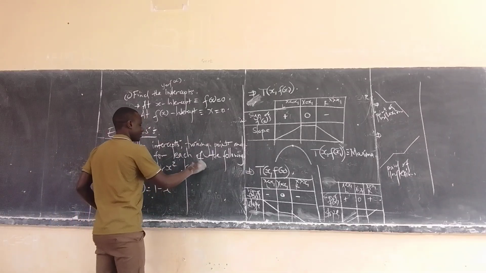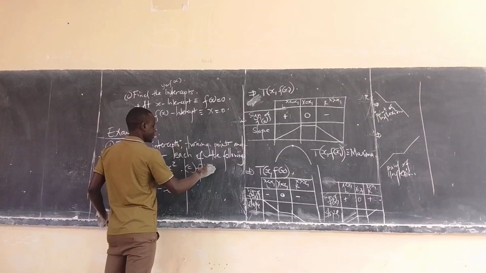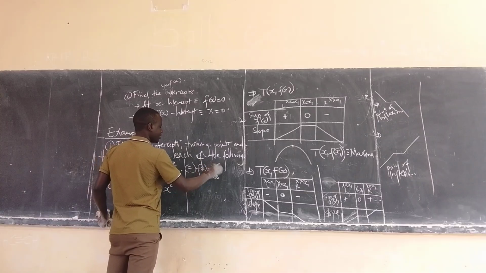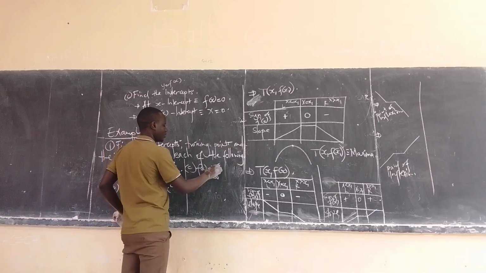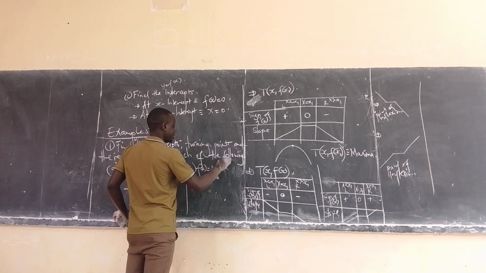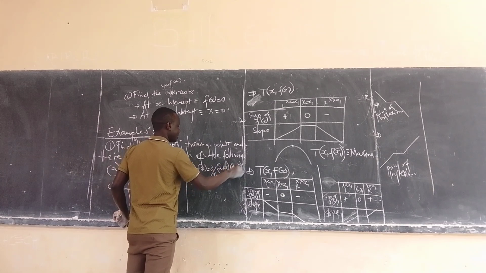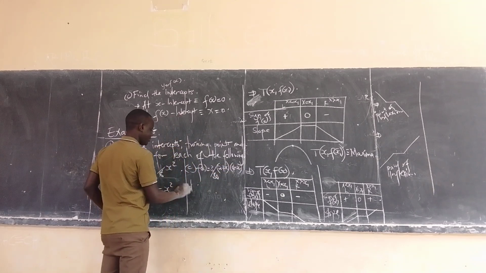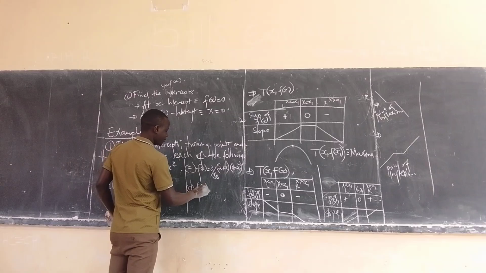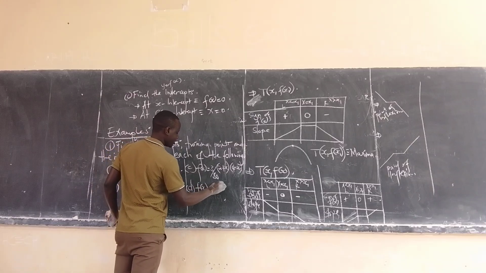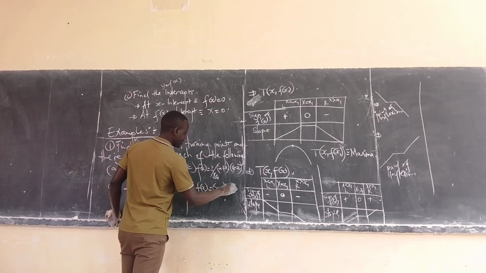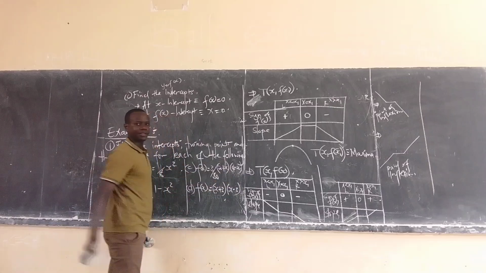Part C, f of x equals 3 over 8 into 2 plus x, then 4 minus x. Then part D, f of x equals x plus 3, then x minus 3.